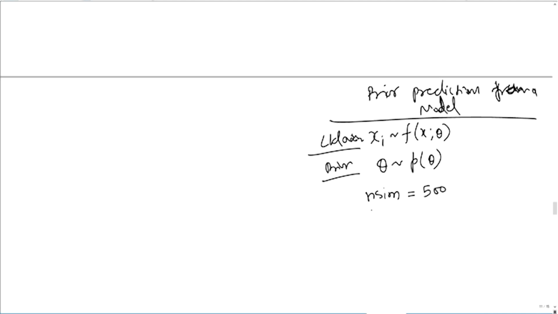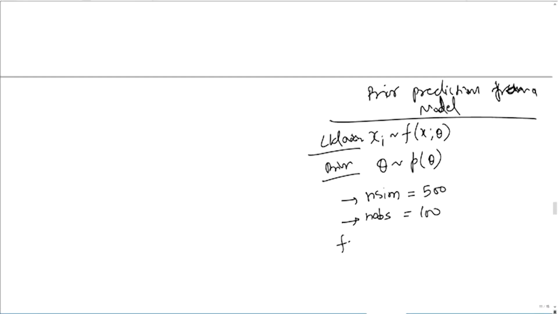Then you also need to determine the sample size, or the number of observations you want in each sample. Let us say it is 100, because that is the experiment you are planning. You are planning to collect 100 observations, so it should match the number of observations in your experiment, right. So this is the number of prior predictive samples you are going to have, and this is the number of observations in each sample, okay.